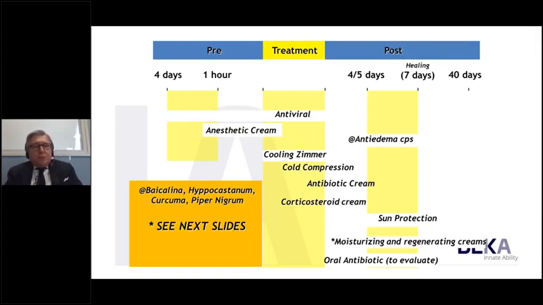First of all, before the treatment, we start to use the topical anesthetic for reducing the numbness, and we get more and more numbness as time goes on when we apply the topical. We apply the topical 1 hour before. On the day of the treatment we use the antiviral, normally acyclovir, and we can use a coenzyme together for reducing the pain sensation. Immediately after, during the procedure, we have to remove the scratching with wet gauzes.